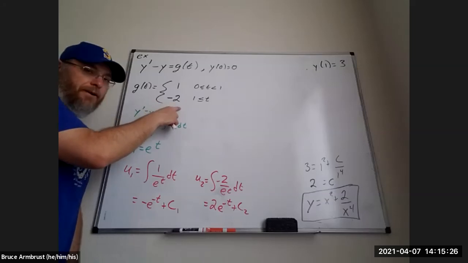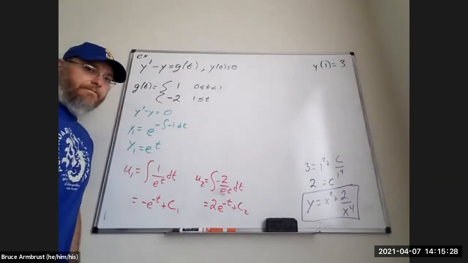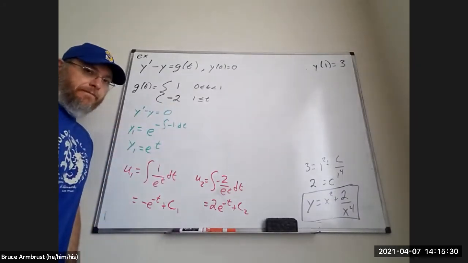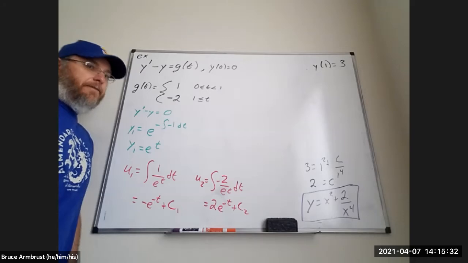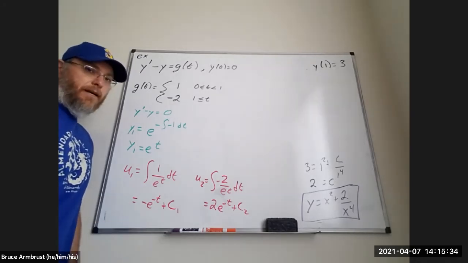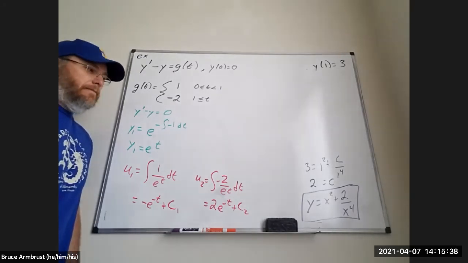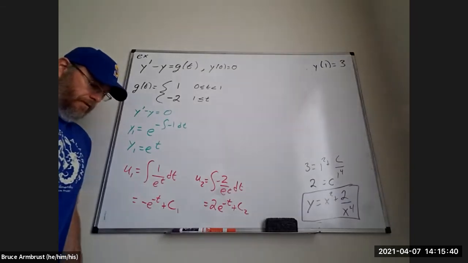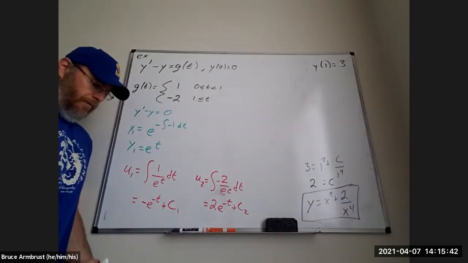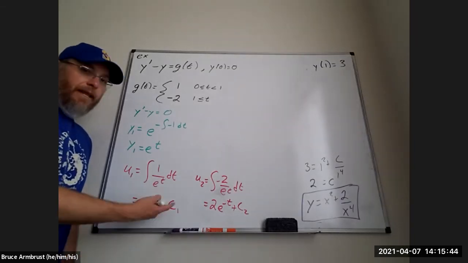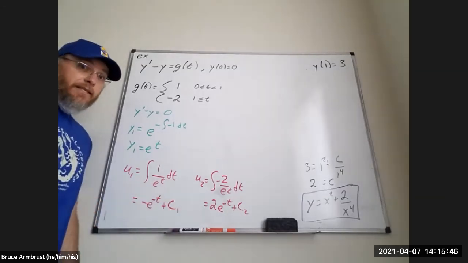So had there been a third piece to this, I would have found a u3. If there was a fourth piece, I would have found a u4 and so on. I just find an integrating factor for each piece.